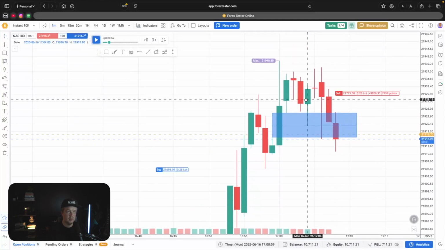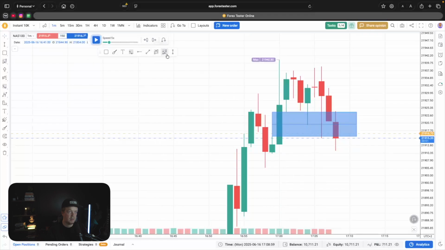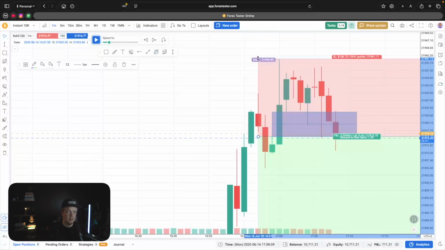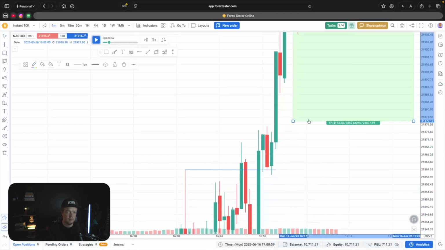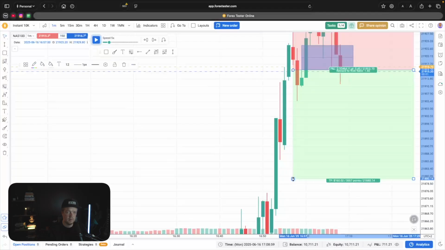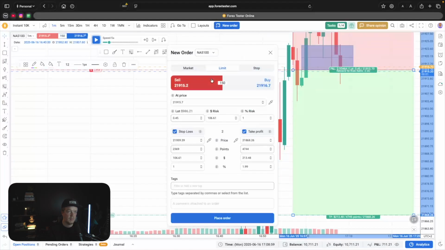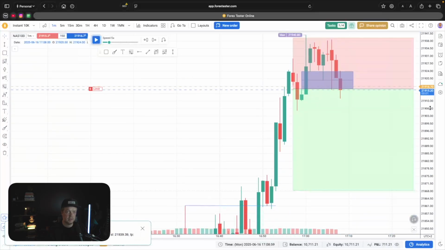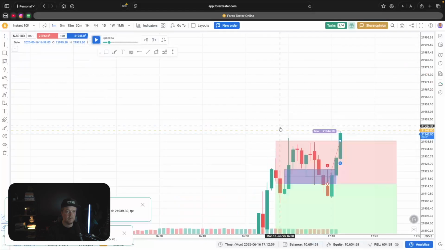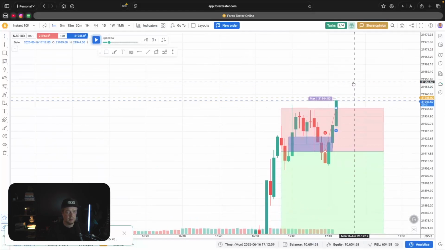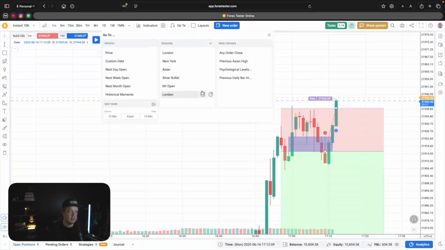Yes, we did. So now we can put our sell limit right over here. Stops above these highs, and we can target a fixed 1 to 2 risk to reward. There we go, sell limit. Let's see if we get tagged in. And we are tagged in and we got stop loss hit. Let's go to the next day.